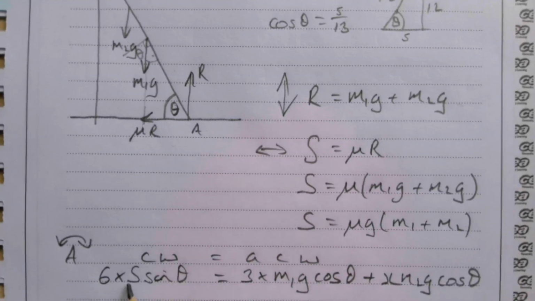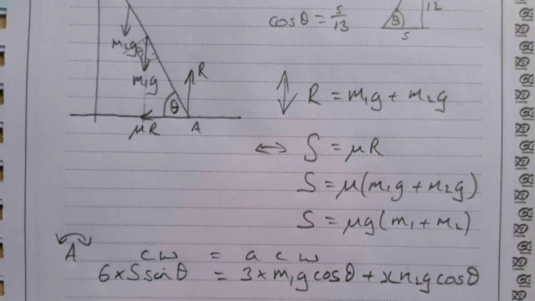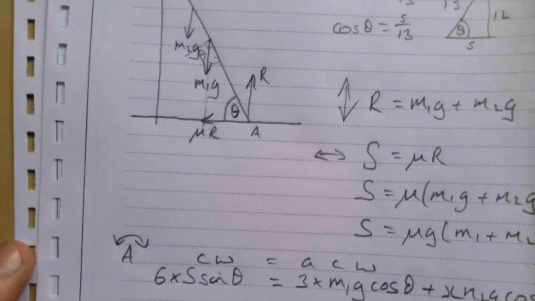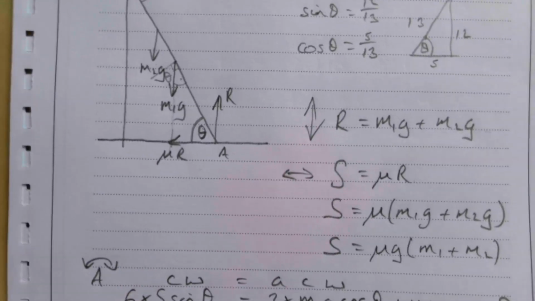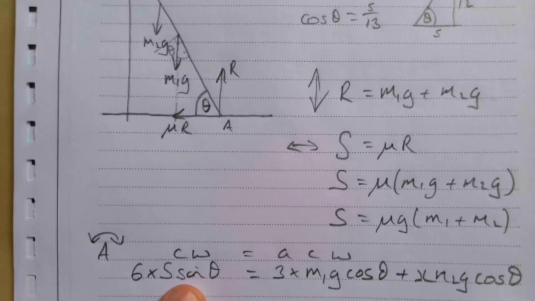So my S, I know, is this. So I'm going to substitute it in as well, and I'm going to change my sine theta for 12 over 13, and I'm going to change my cos theta for 5 over 13 as well, and see if we can get things tidied up. Okay, so we're going to go sine theta, which is 12 over 13.